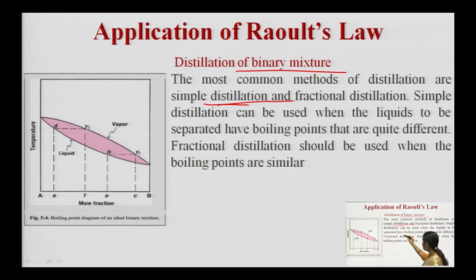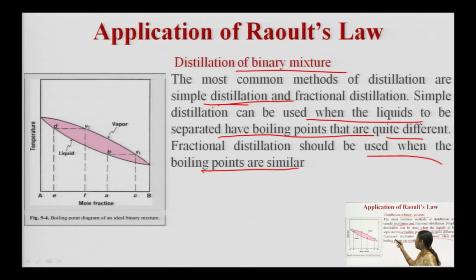If the liquids which have to be separated have quite different boiling points, that is, if the difference in their boiling points is large, then we go for simple distillation, and if their boiling points are almost similar, then we go for fractional distillation.